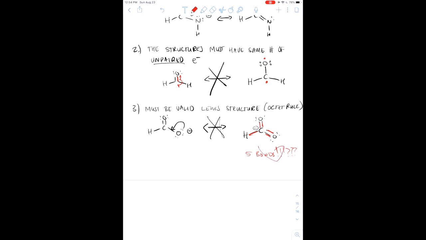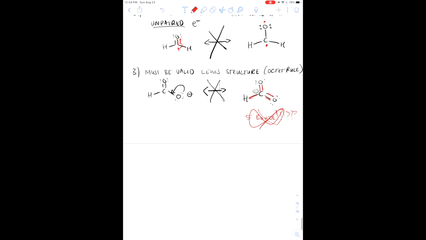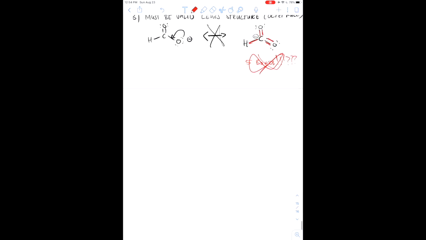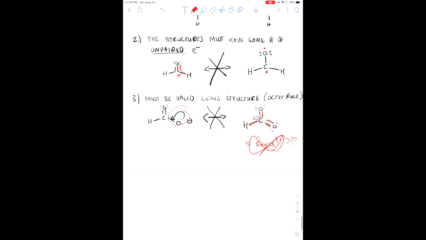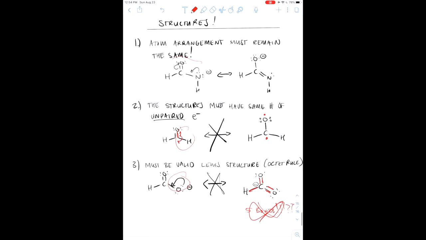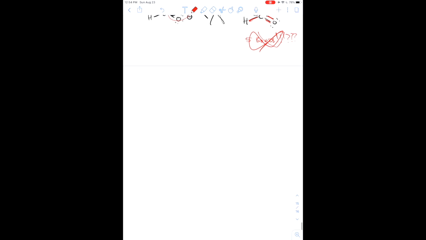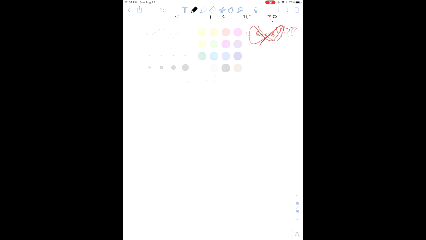So 5 bonds, get that out of here. Don't ever do that. That's just silly. You can do 4. You can maybe even do 3 sometimes, and we'll see that later. But don't ever do 5. It's wrong. All right. But notice, well, actually, let's just move on.